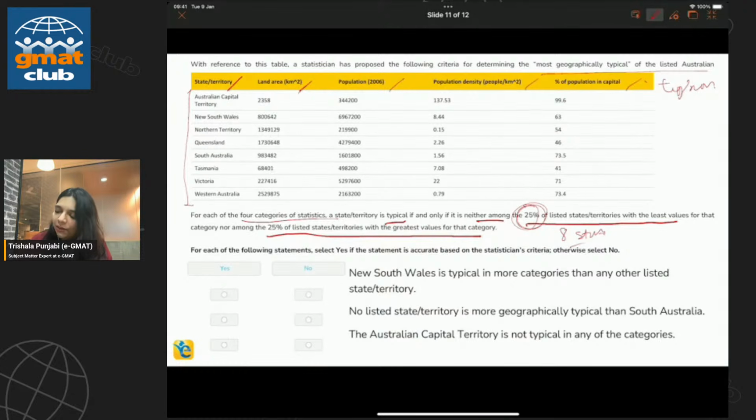So, what is 25%? Top 25% is top two states. Bottom 25% with the least value is the bottom two. So, the way that we need to approach this is that we need to sort each of these tables and figure out which of them are in the middle four, which is not in the top two, nor in the bottom two.